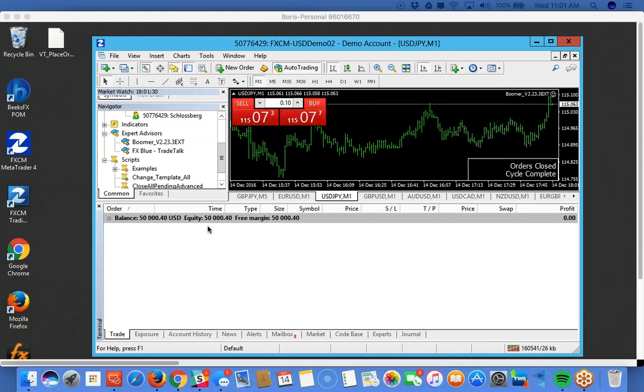These are called VPSs, and this is basically an account in the sky that is a Windows-based account into which you can install MT4. You can install any other Windows-based software, and you log in. And I'm logged in via my Mac into a Windows environment. And that's how I run all my stuff. And the advantage of it is not only that it's a Windows environment, but that it's a 24-hour permanent environment.